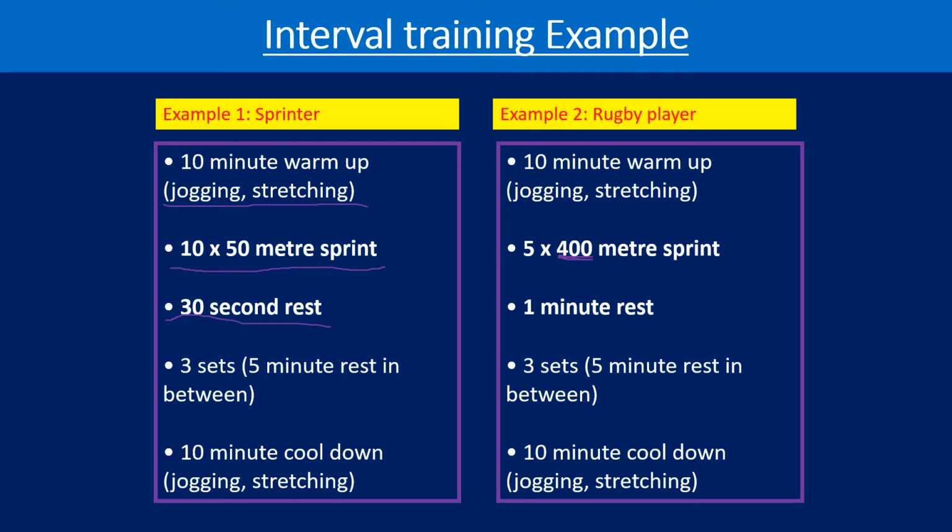We can see that they have a longer rest period in comparison to our sprinter. The reason for that is obviously they're going to be working slightly harder as they are covering a larger distance, but in their actual game they are more likely to have an increased amount of rest too. So we've got the same type of training here, or the same method of training, but we can see we've adapted it slightly depending on what each athlete will require.